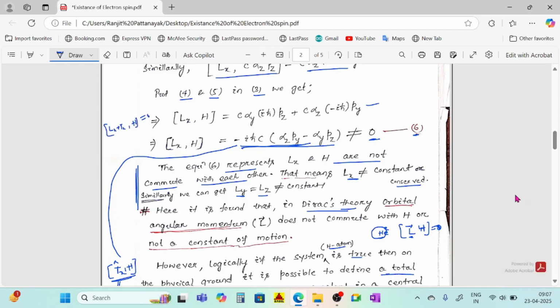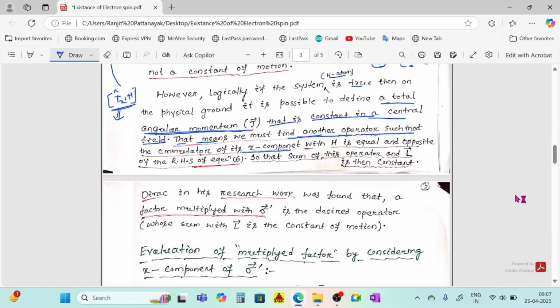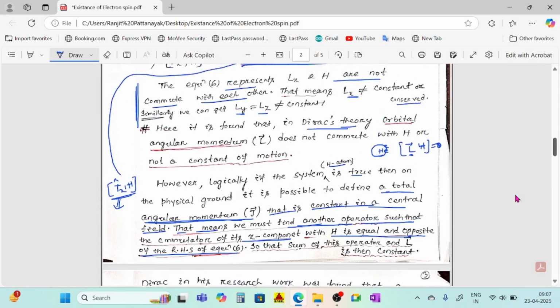Got it? That means we have to search for another operator such that the commutator of its x component with H is equal and opposite to the RHS of equation number 6, which I explained over here.